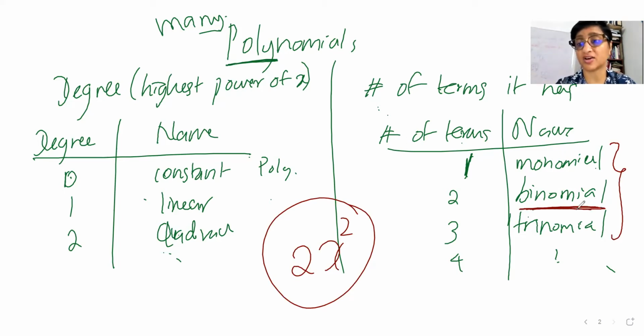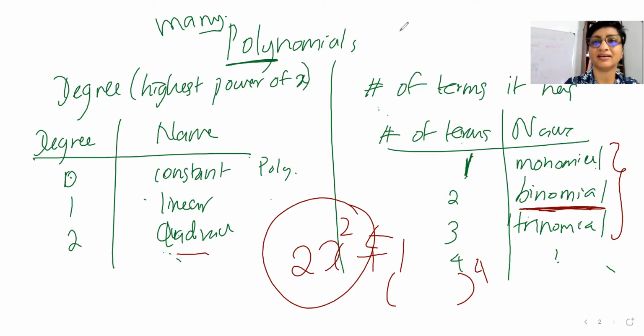We come across this a lot because we have binomial expansion. We learn how to expand a power of a polynomial that has 2 terms. So you can use these 2 names in combination. This is a quadratic binomial. You understand? Yes, miss. I understand.